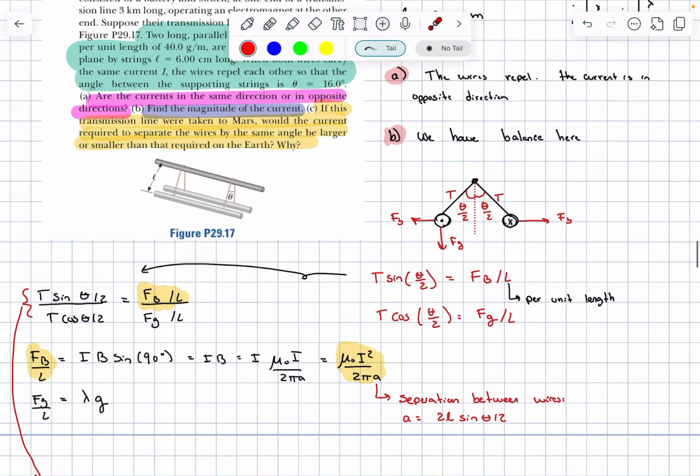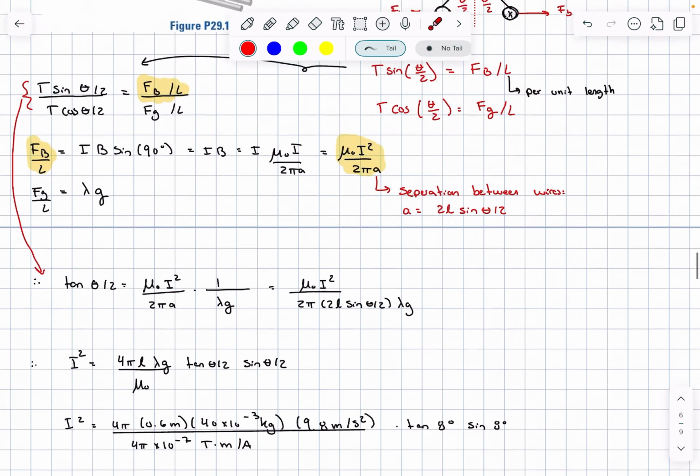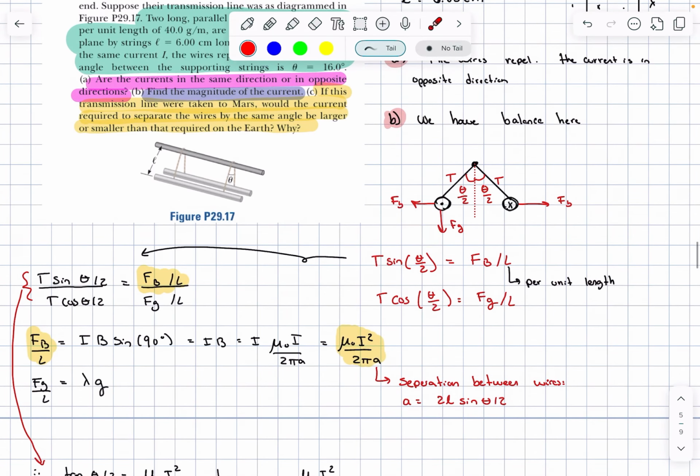Part C says, if this transmission line were taken to Mars, would the current required to separate the wires by the same angle be larger or smaller than that required on the Earth? Why? Well, what happens on Mars? Gravitational acceleration is less strong. So that means the tension force required to balance it is less strong.